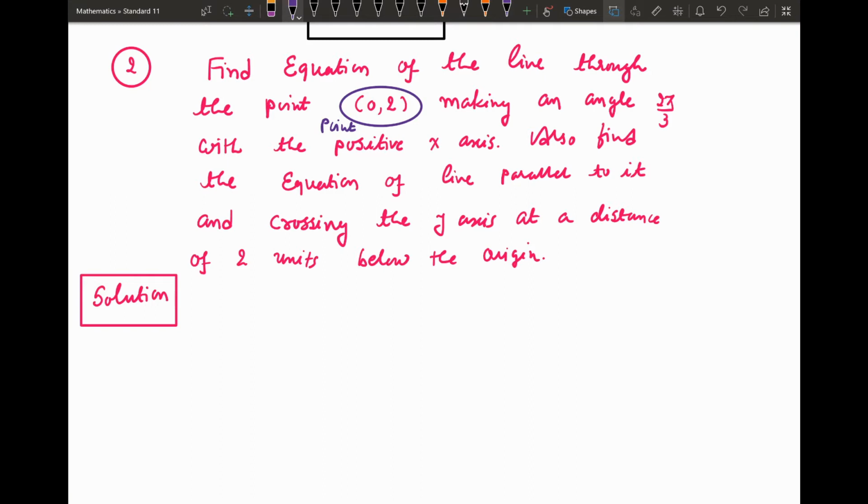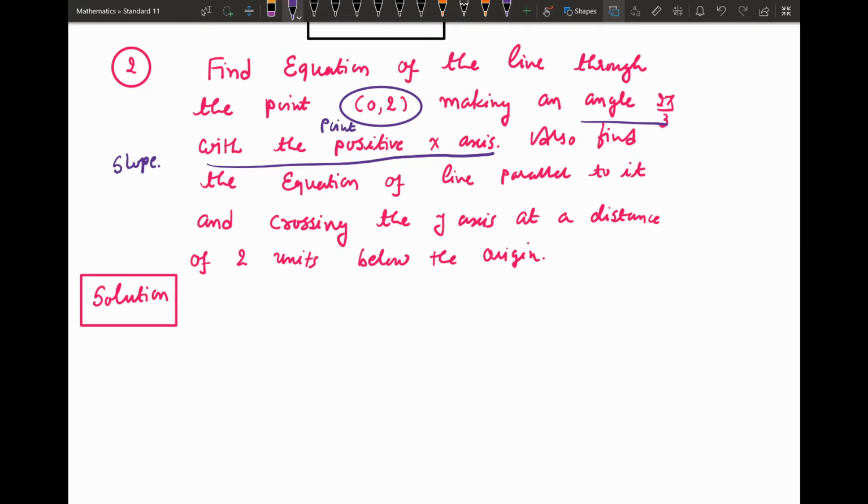So using this angle 2 pi by 3 with the positive x-axis, we can find the slope. Why? Because if a line makes an angle theta with the positive direction of the x-axis, then the slope is given by tan theta. So here the slope will be tan 2 pi by 3.